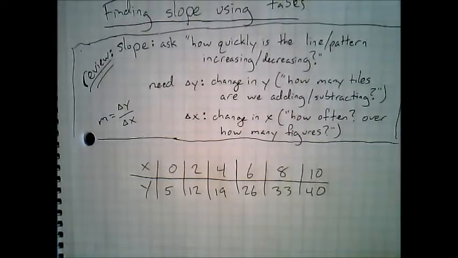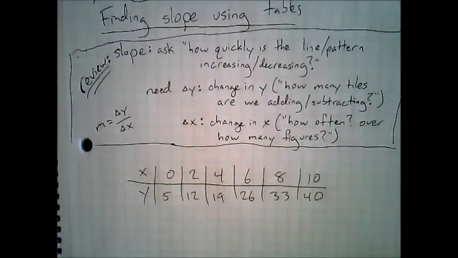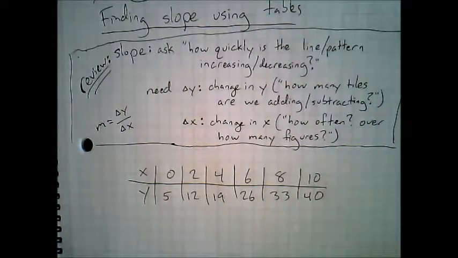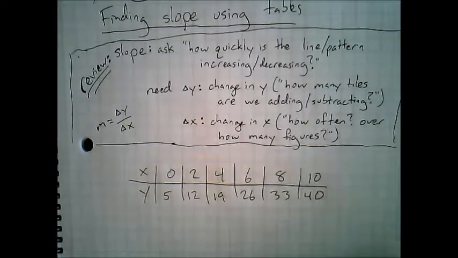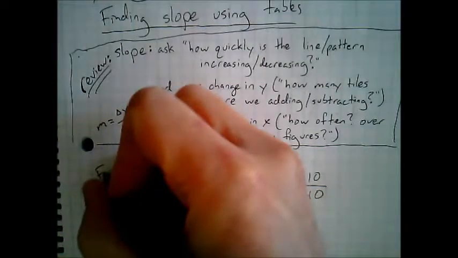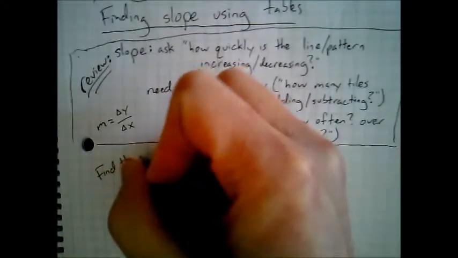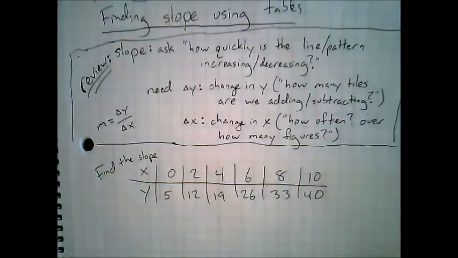We know this could represent a line. And now we want to figure out, if we're given this table of this line, what is the slope of this line. So we want to find the slope. Okay, those would be the directions.